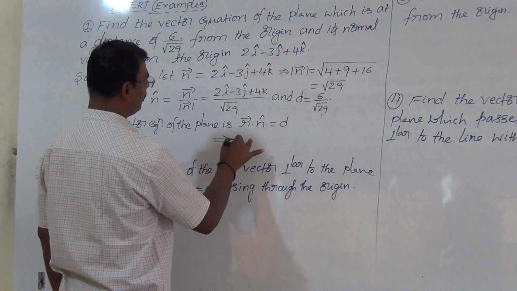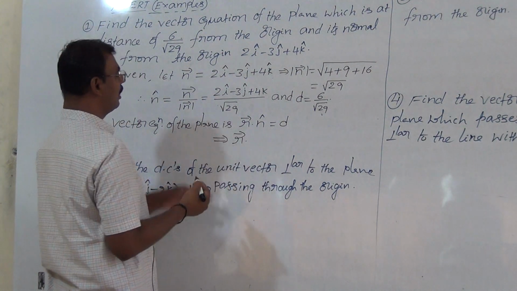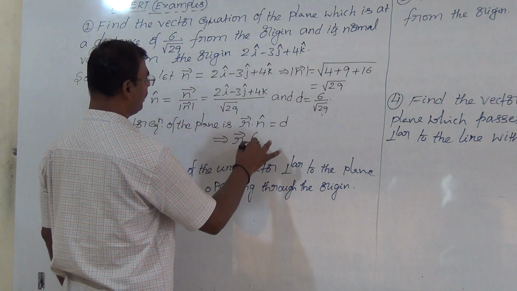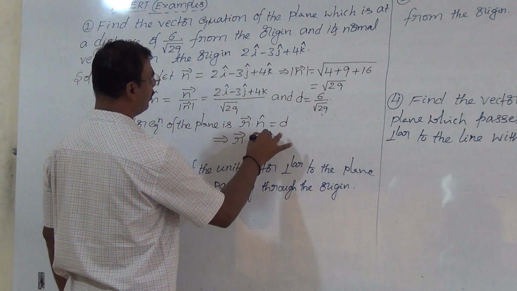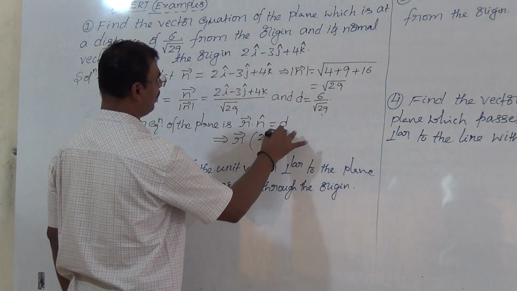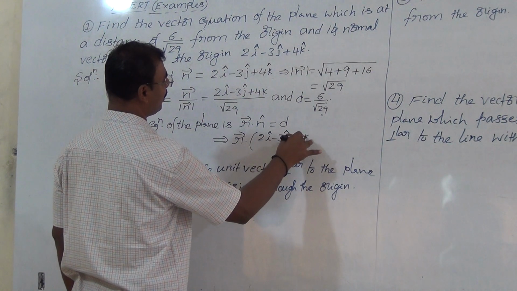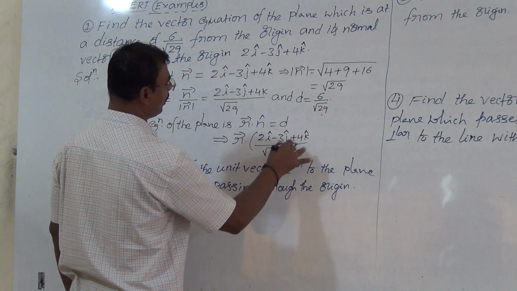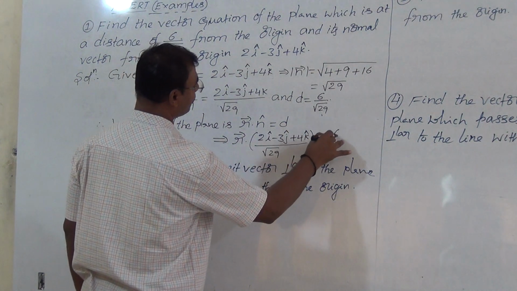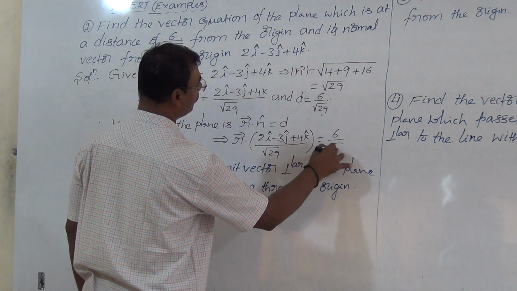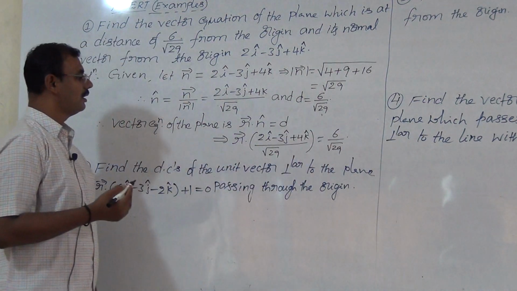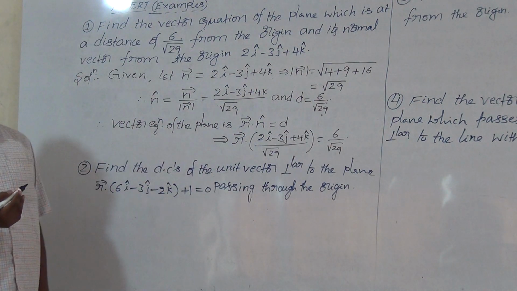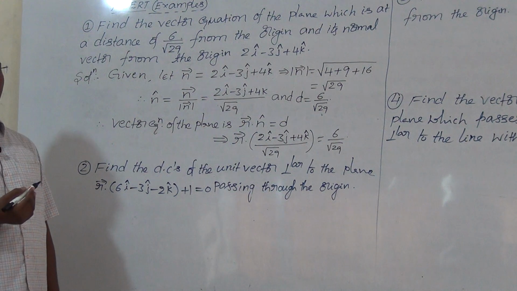Substitute here: r bar dot n cap is 2i minus 3j plus 4k upon square root of 29 equals 6 by square root of 29. This is the required equation of the plane.